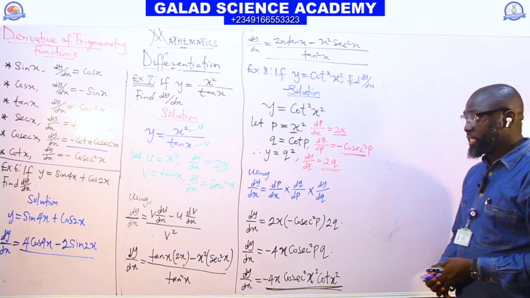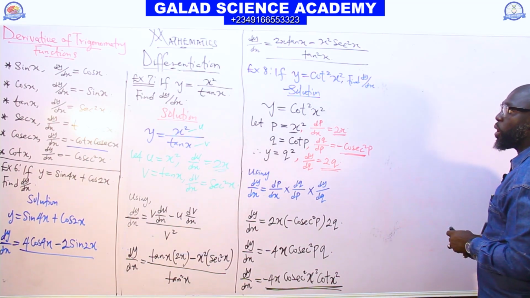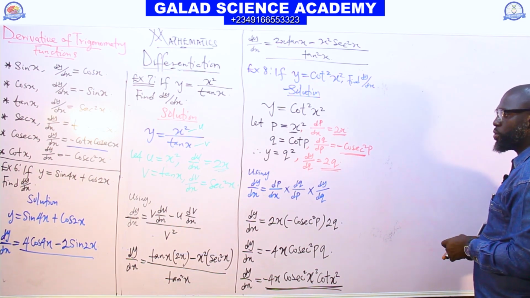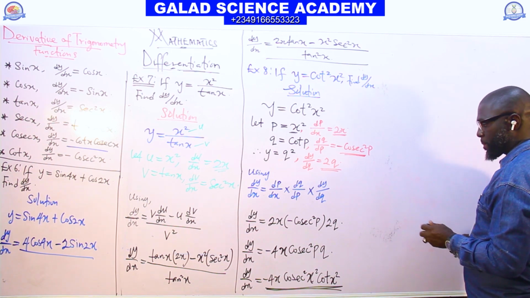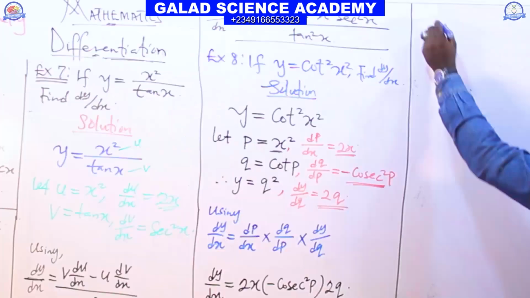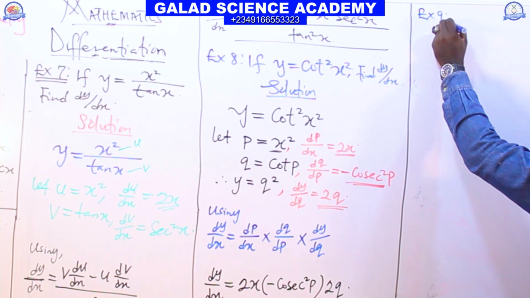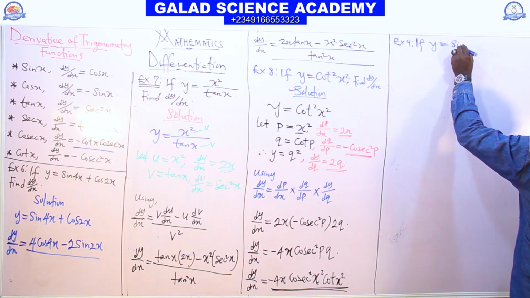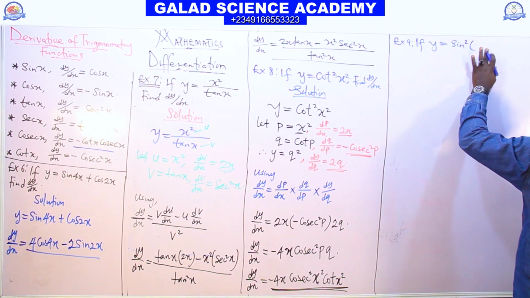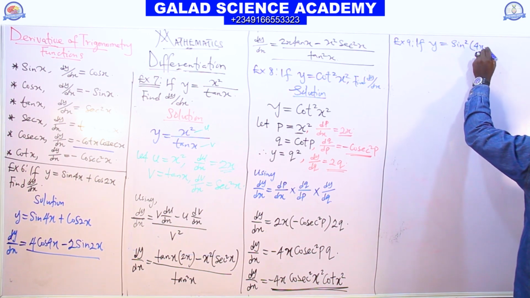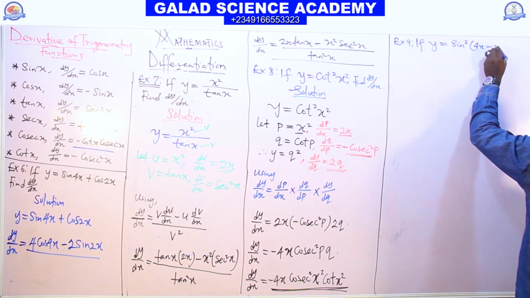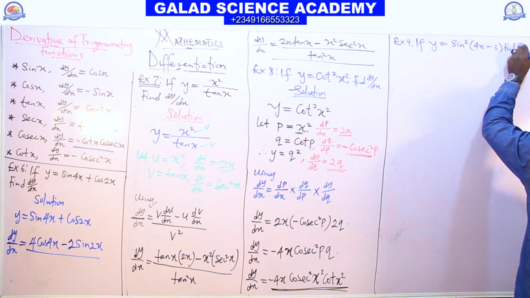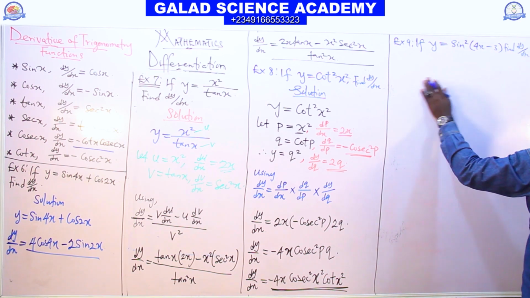So I will still add one more to make it an example on trigonometry. Let me add one more question. Example 9. If y is equal to sine squared of 4x minus 3, find dy dx.